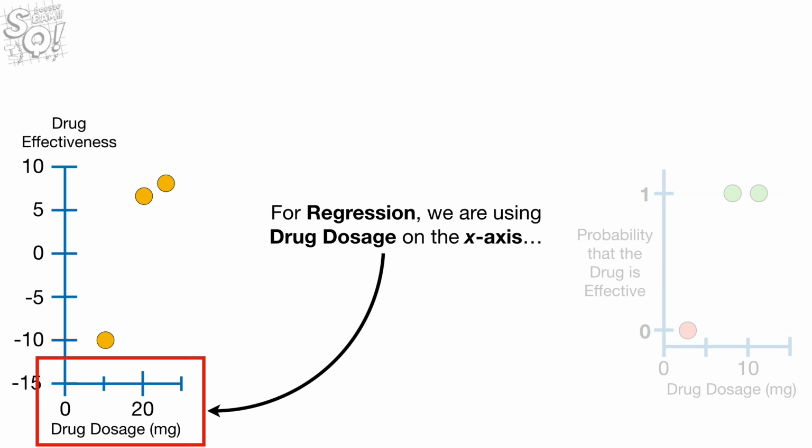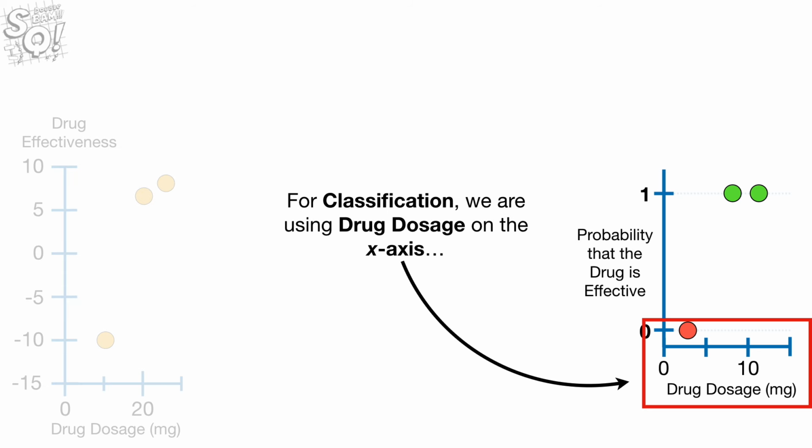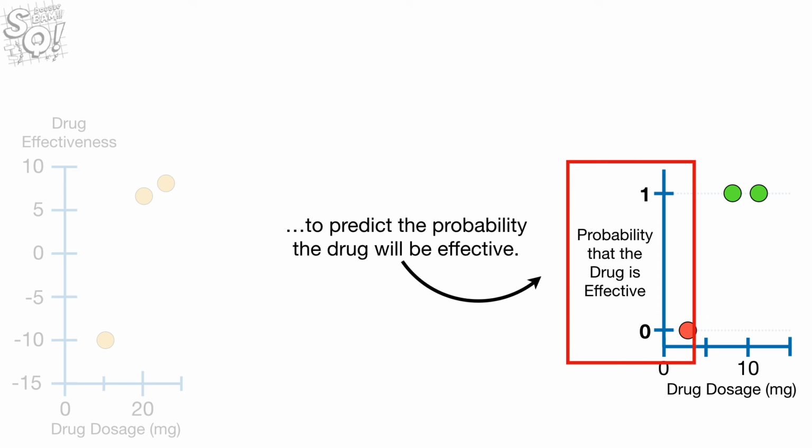classification. For regression, we are using drug dosage on the x-axis to predict drug effectiveness on the y-axis. For classification, we are using drug dosage on the x-axis to predict the probability the drug will be effective.